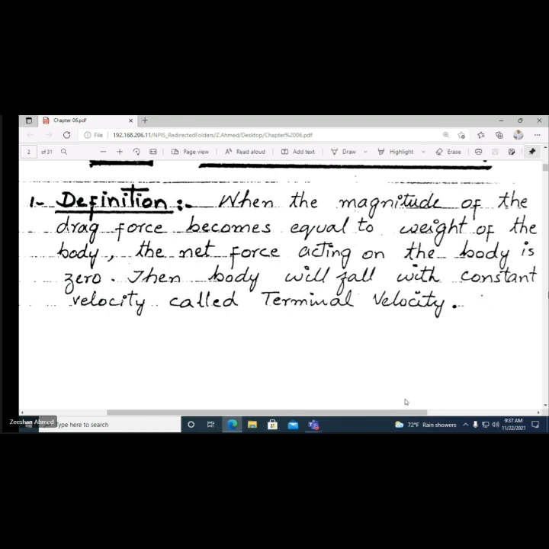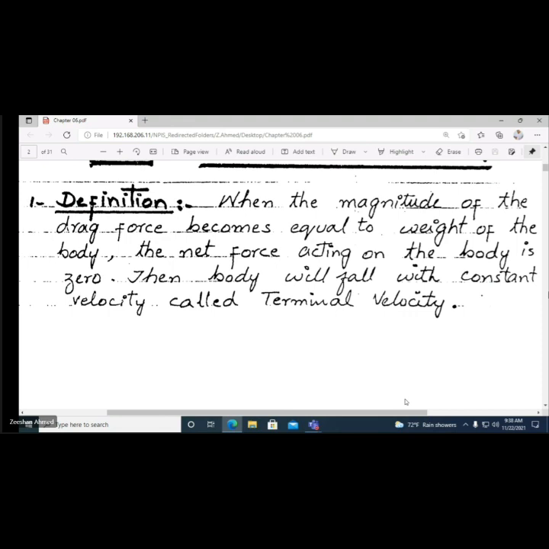I have repeated again and again that the acceleration of the object will be 0 if the body is moving with constant velocity. So a point is reached when drag force and the weight of the body become equal, the acceleration of the body becomes 0 and the body starts to fall with constant velocity.